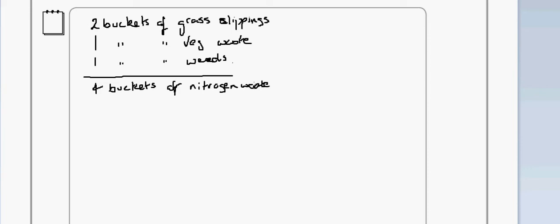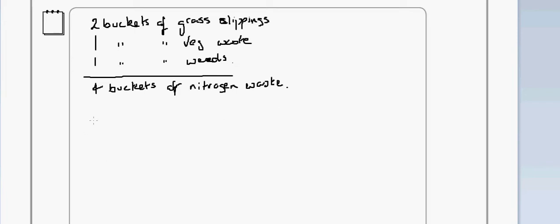Okay, I know this doesn't look like waste, in fact I'll take that out. There you go, so you can read it now. So we have 4 buckets of nitrogen waste.